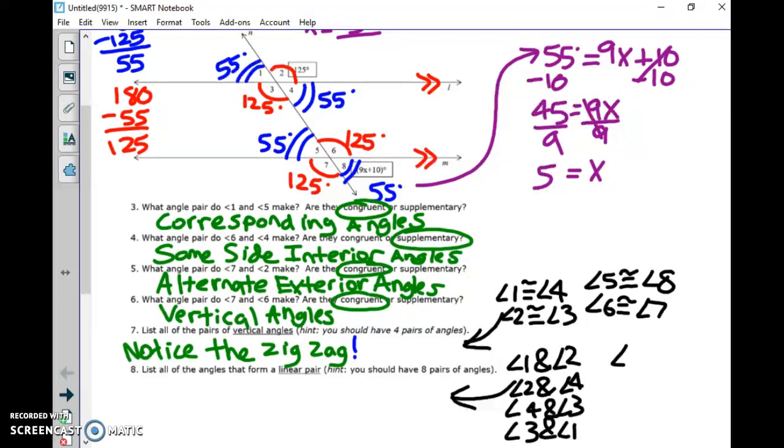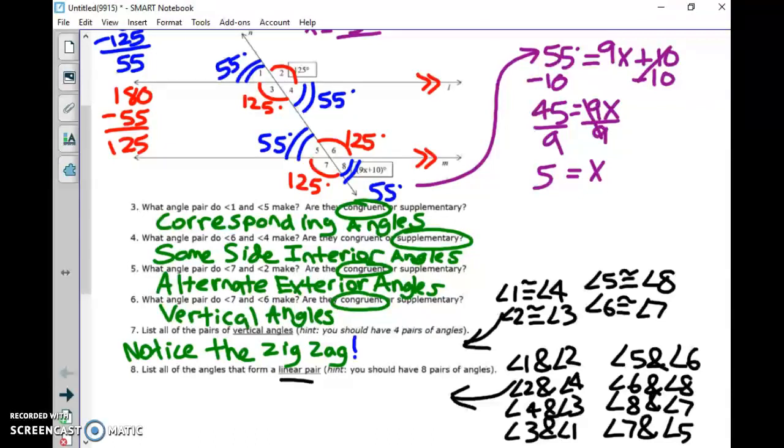We also have angle 5 and angle 6, angle 6 and angle 8, angle 8 and angle 7, angle 7 and angle 5. Any 2 angles next to each other that form a straight line are called a linear pair. So we have 4 verticals, 8 linear pairs.